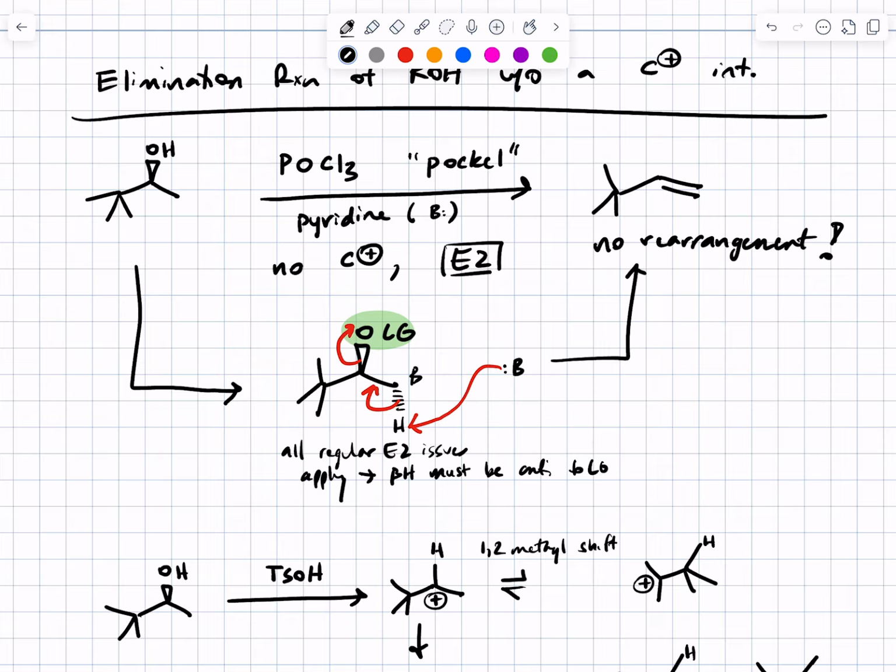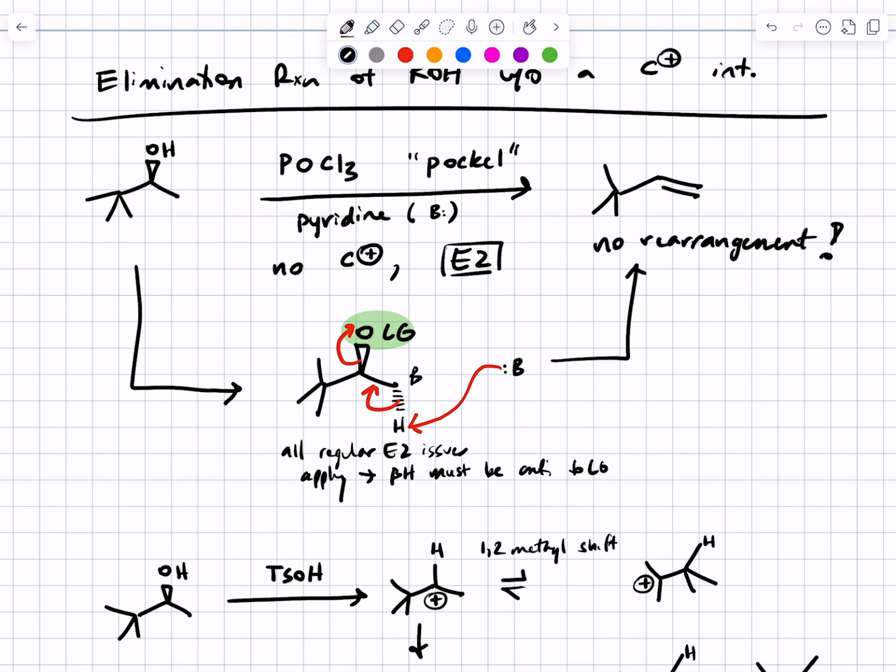So that's a detail that you need to memorize, but it's synthetically useful because this allows you to make alkenes out of alcohols without having to worry about carbocation rearrangement. Okay, questions? That's 4 new reactions for today, but we're going to make it 5.